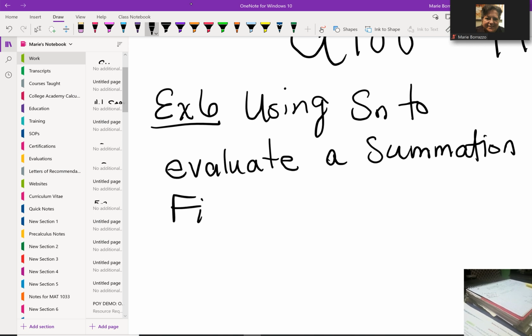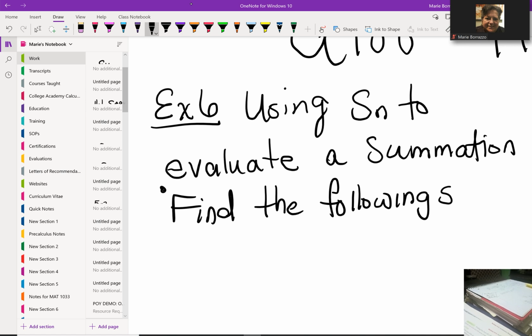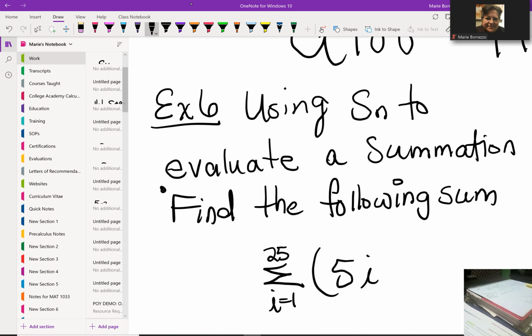The question is actually to find the following sum, where we have the 25 endpoint, the sum starting at 1, given 5i minus 9, which is a lot of work to do.